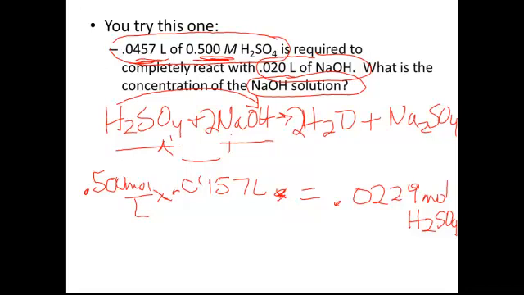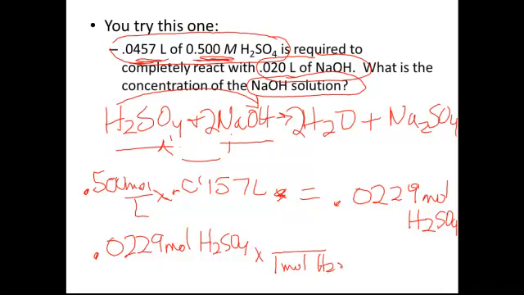And then using that information, now we can do our stoichiometry step. We can go 0.0229 moles of H2SO4. And now using the balanced equation, 1 mole of H2SO4 is going to be required to react with 2 moles of NaOH.